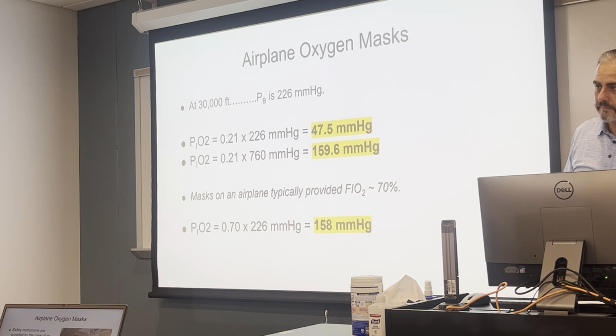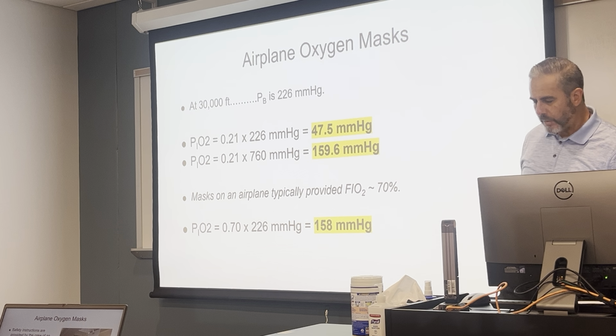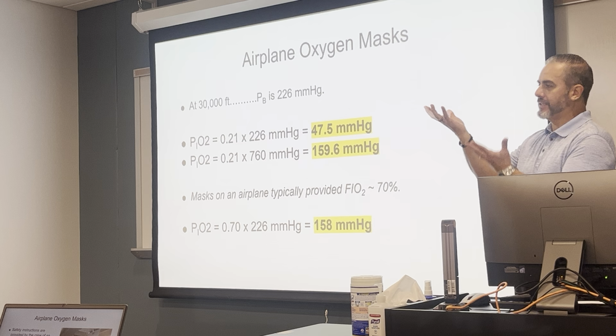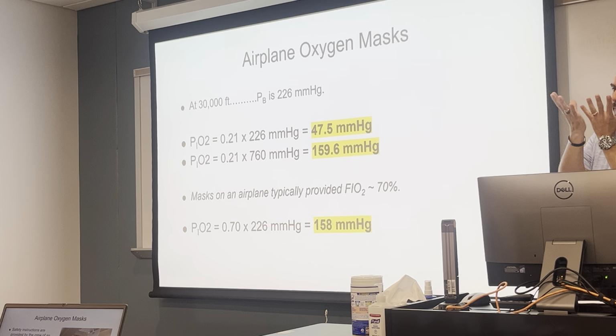Whenever we breathe in 21% oxygen, we're only actually metabolizing 16% of the air in our lungs, right? And we'll get there. What's available to us is 160. I didn't say that's how much ends up in your lung, but what's available to us is 160.